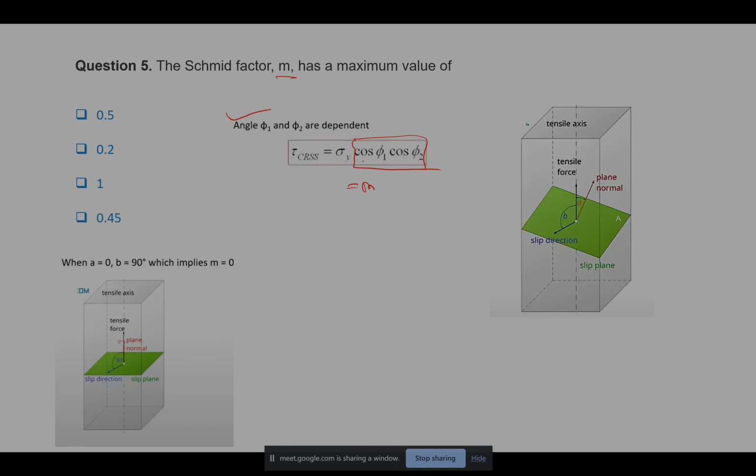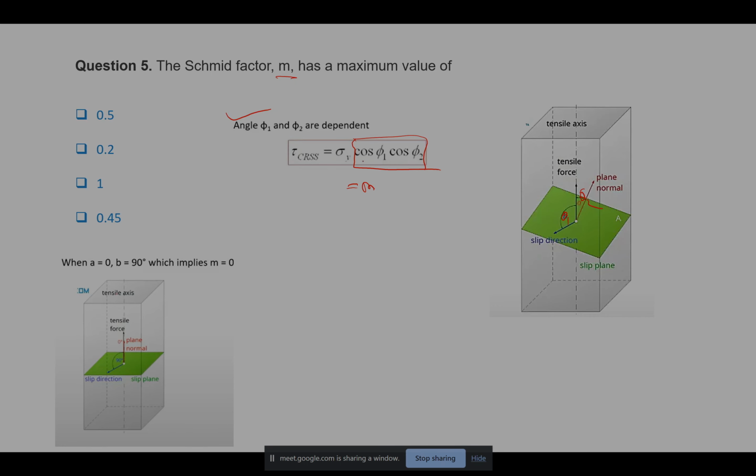So here phi 1 and phi 2 is read, we can write down like this. These angles are known as phi 1 and phi 2. If we consider one angle as this, the angle between tensile force and slip direction and plane normal.